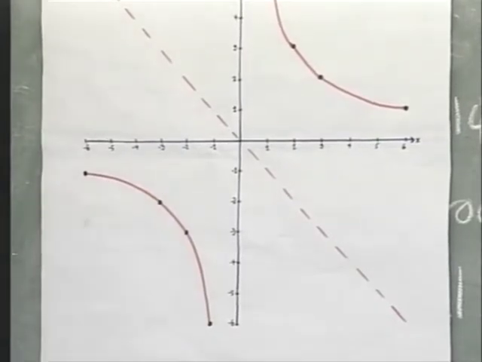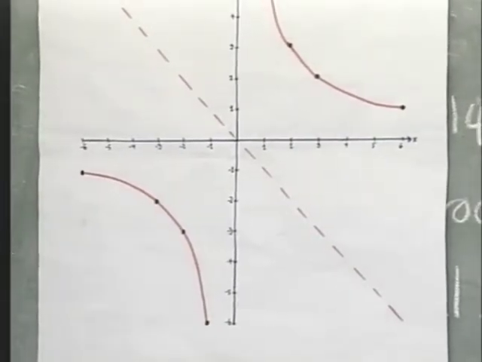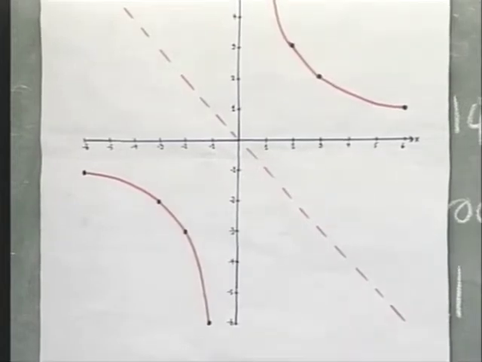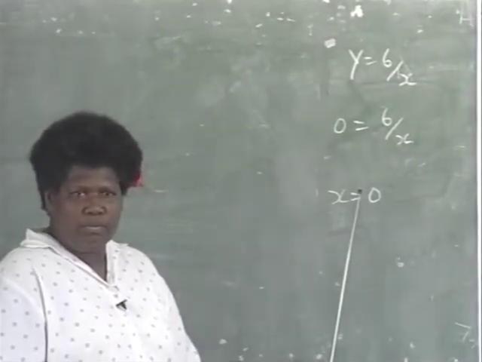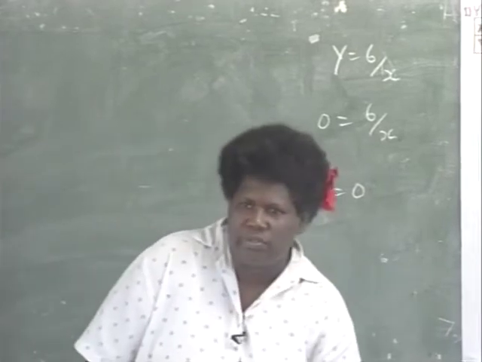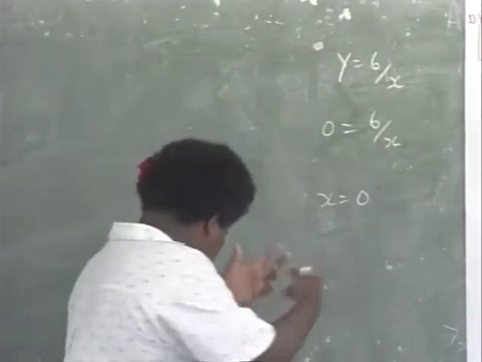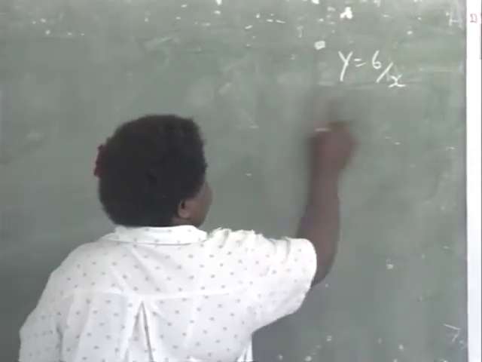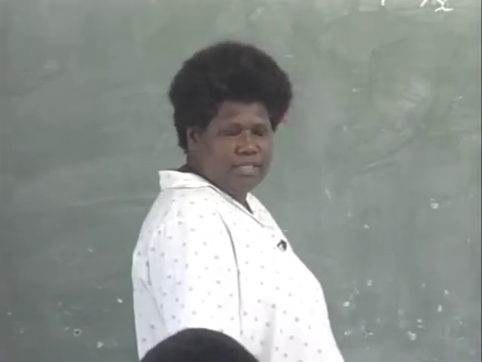If y is, have a look at this equation here. When y is equal to 0, you are telling me x is 0. True? Okay, let's look at it another way. Now someone is saying y equals 6 when x is 0.